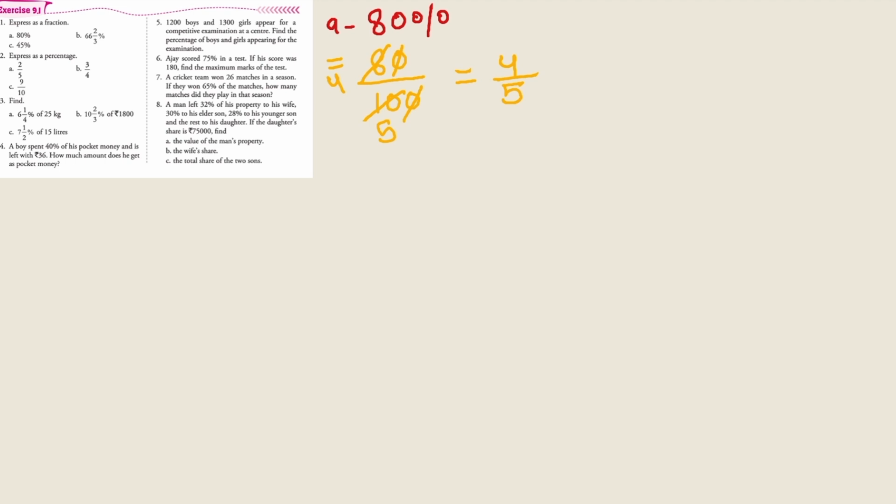Now B, 66 and 2 upon 3%. So now we will convert this into an improper fraction. 3 into 66 will be 198, plus 2 will be 200.